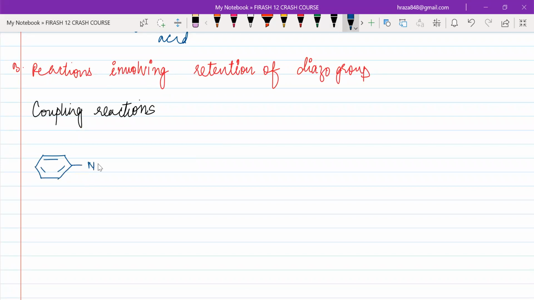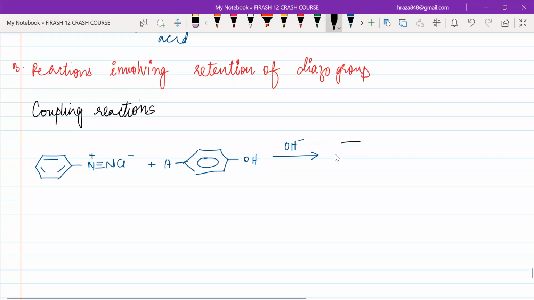So if you react this, there will be a negative and a positive charge, with the phenol, that means OH here and the H here, this will react in the presence of base. So what will be the product?